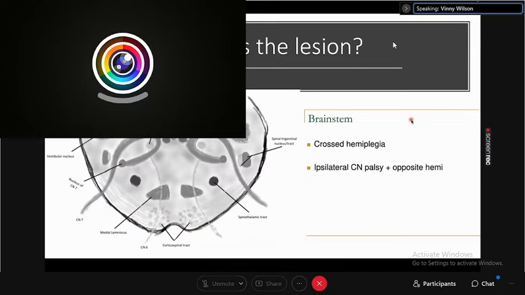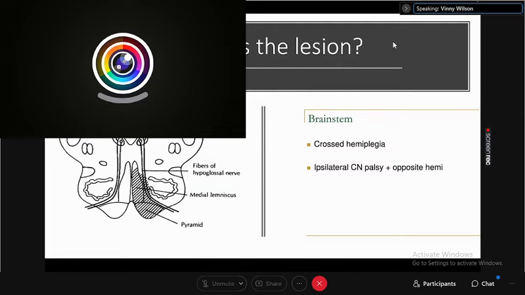So again, to emphasize, a brainstem lesion causes a crossed hemiparesis where there is an ipsilateral cranial nerve palsy and a contralateral corticospinal tract manifestation. The lesion is on the same side as the cranial nerve, but the manifestation is on the opposite side because the corticospinal tract crosses over at the level of the medulla.